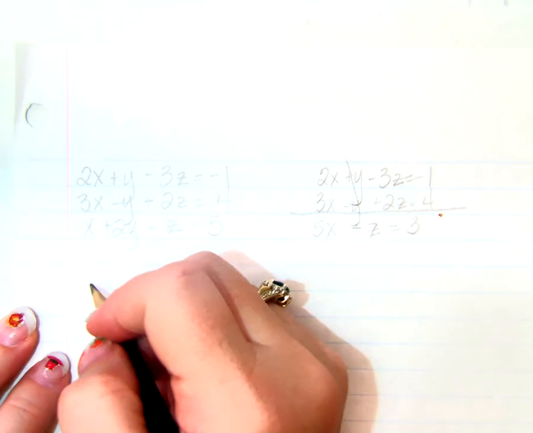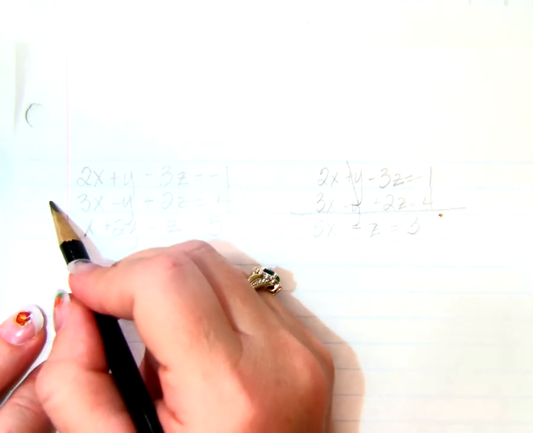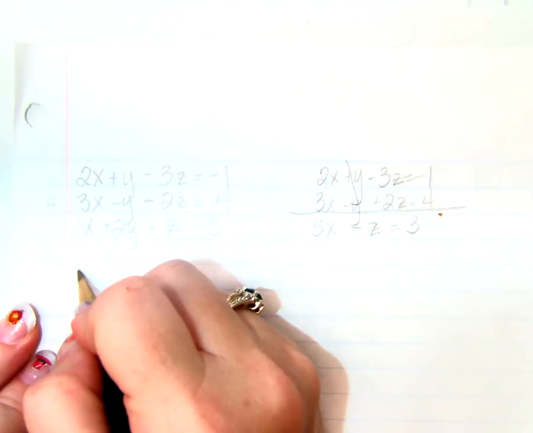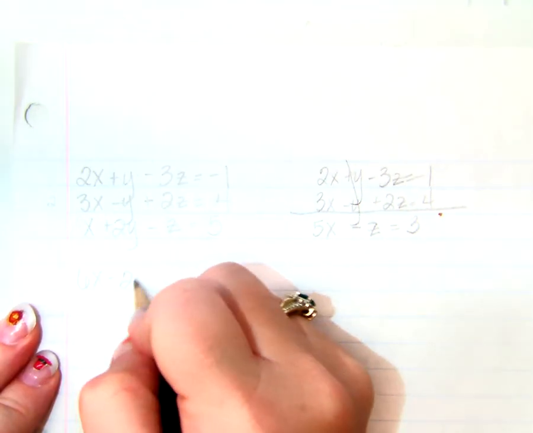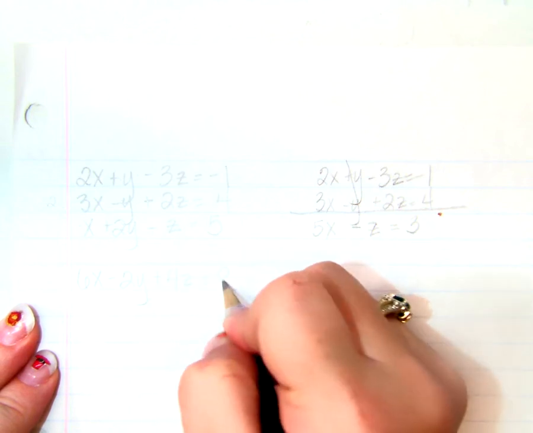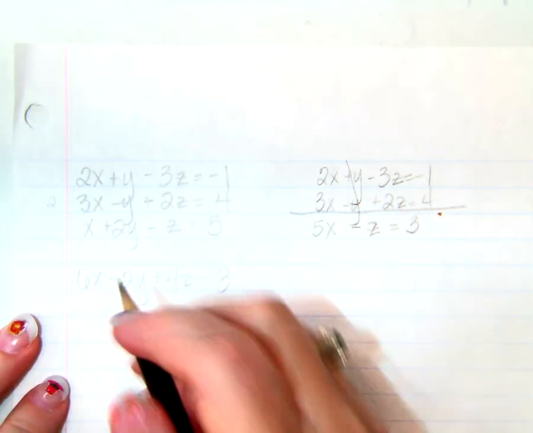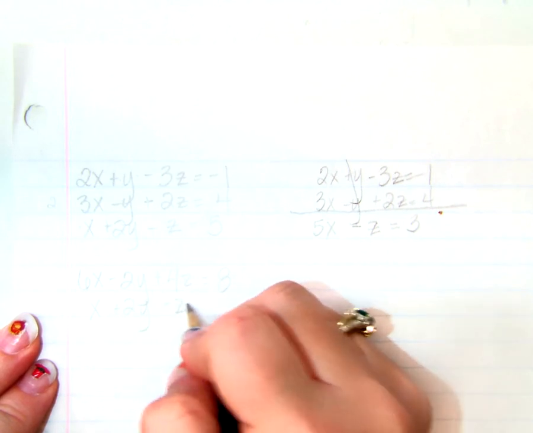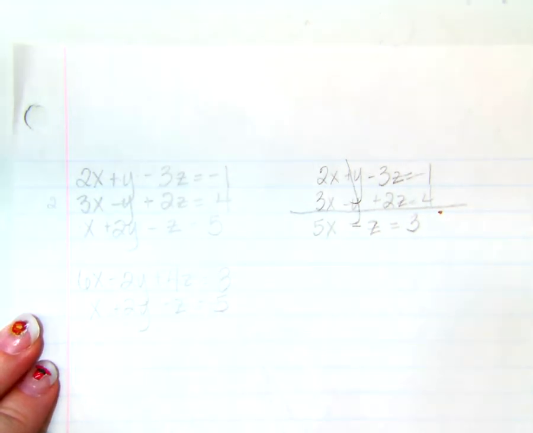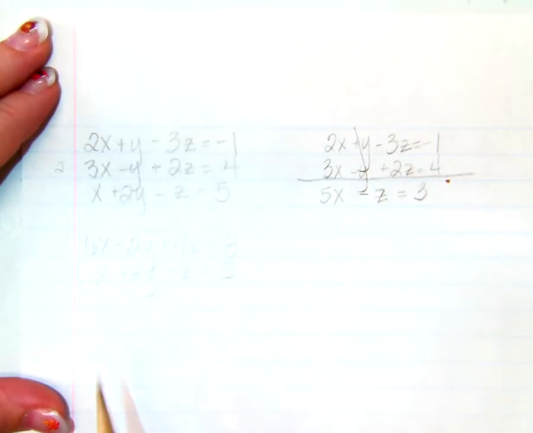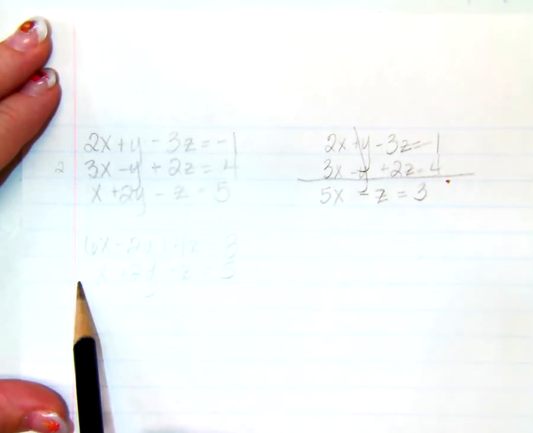Okay? So if we're doing middle and bottom, I have to multiply this one by a 2. Good. So I get 6x minus 2y plus 4z equals 8. And then I have the bottom equation, x plus 2y minus z equals 5. Okay so far? Okay, good.